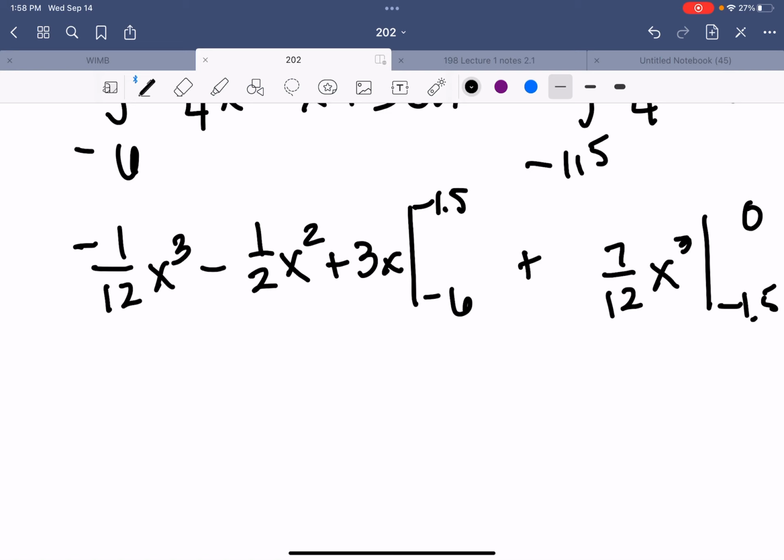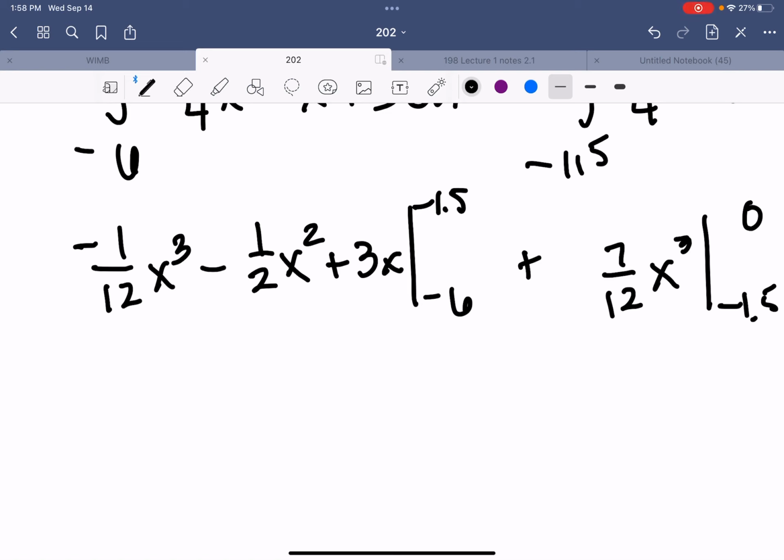Okay, so we've got -1/12 times -6 cubed minus 1/2 times 36, which is -6 squared, plus 3 times -6.